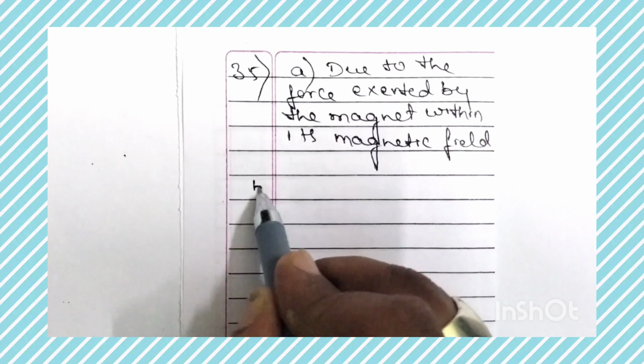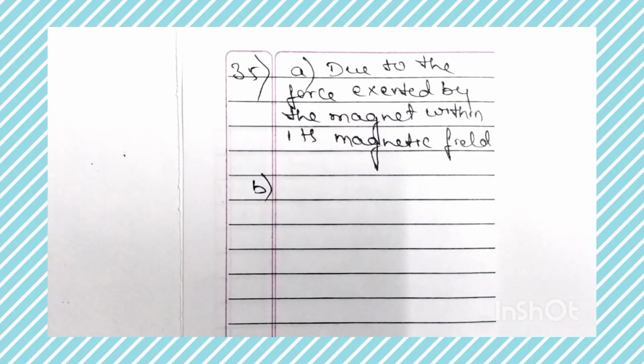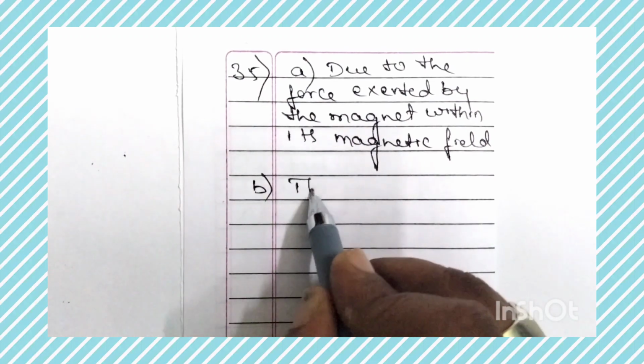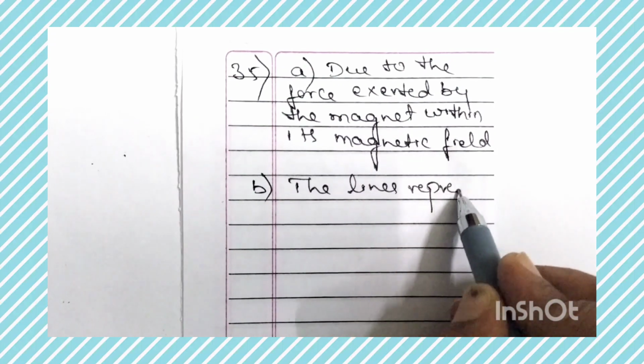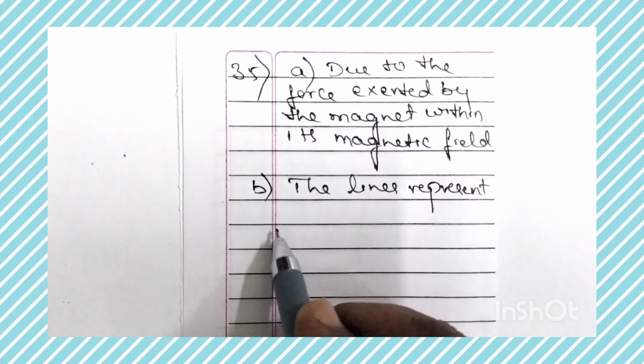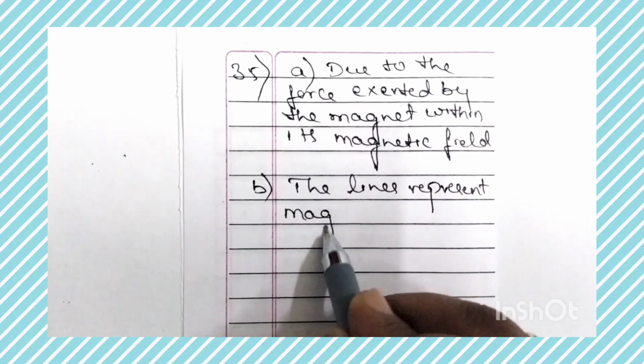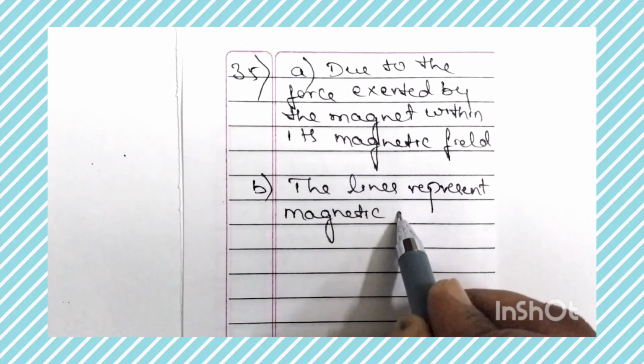Now the second question, B question. What do the lines along which the iron filings align represent? So the lines represent magnetic field lines.